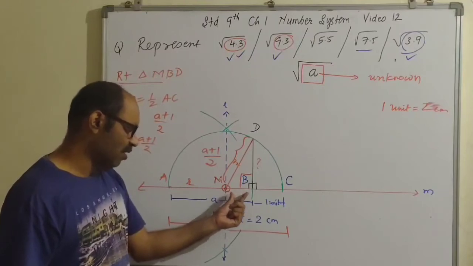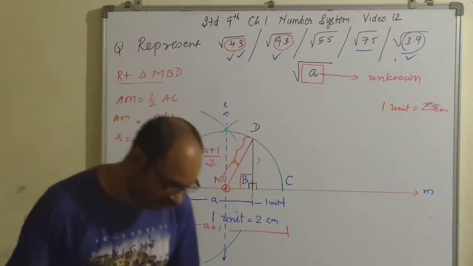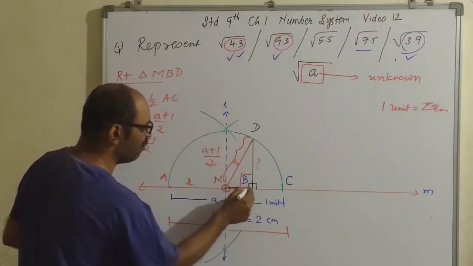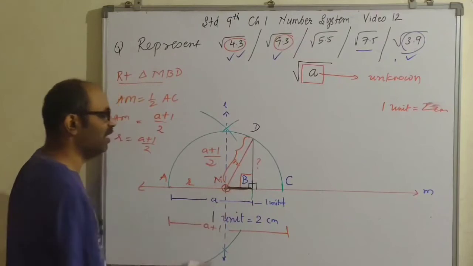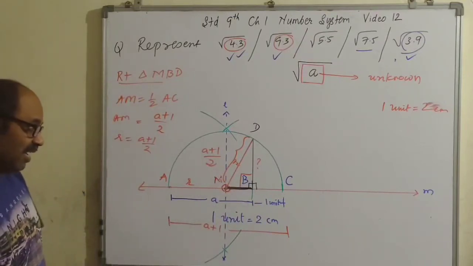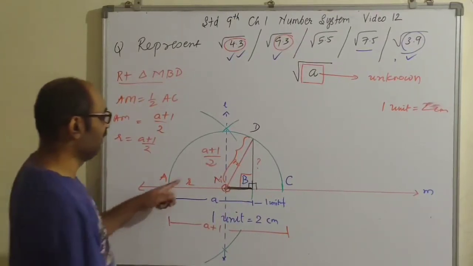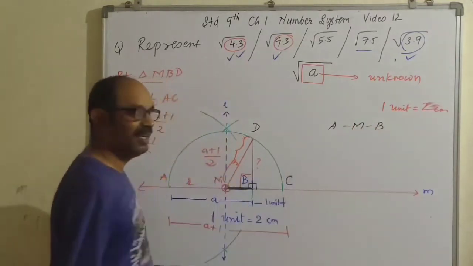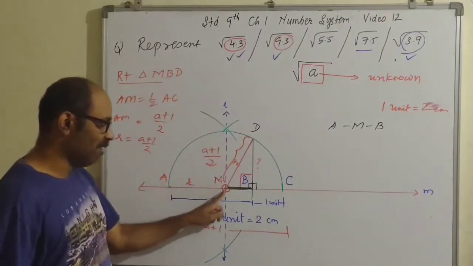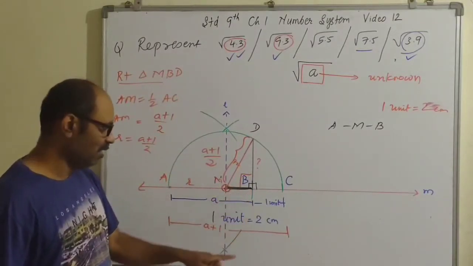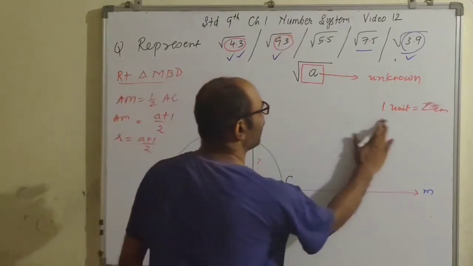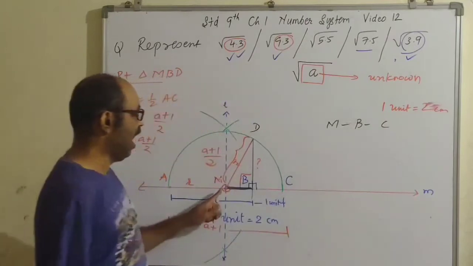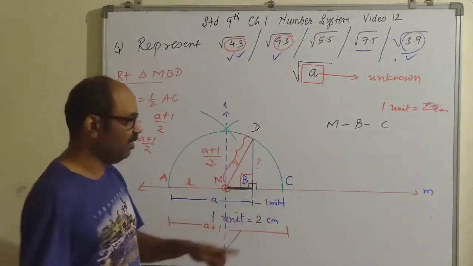How much is this now? Now this is interesting, children. How much is MB? That is a little difficult. Let's see. I'm using betweenness: A-M-B. All right, or let me take this, children. That is better: M-B-C.